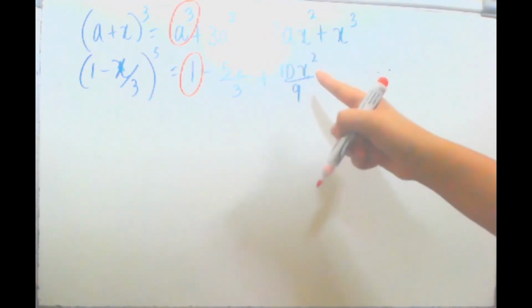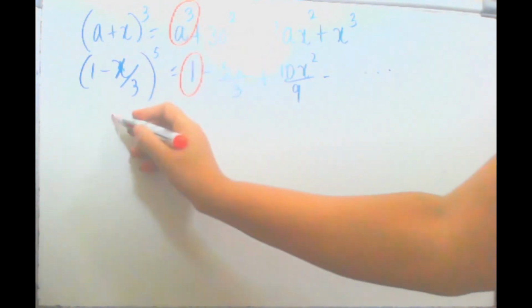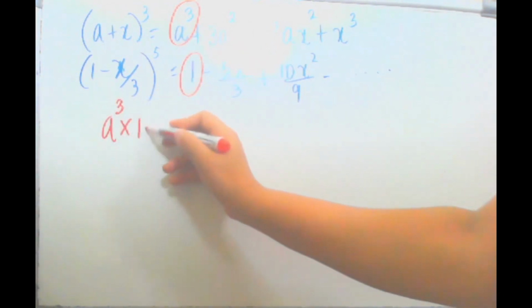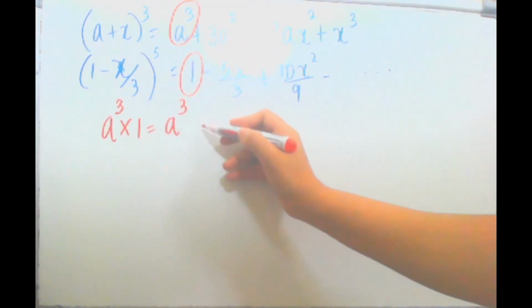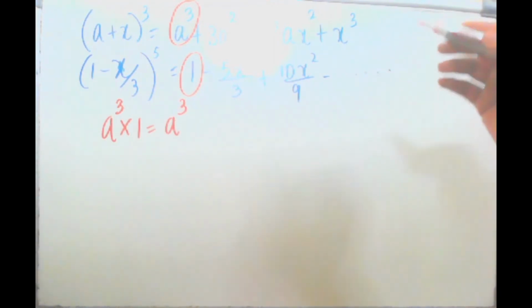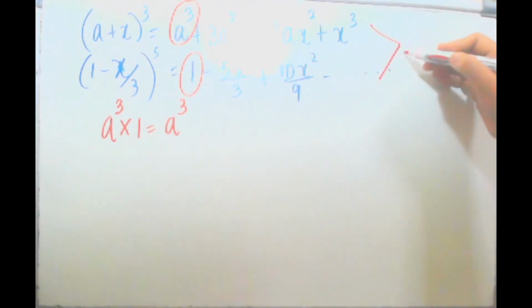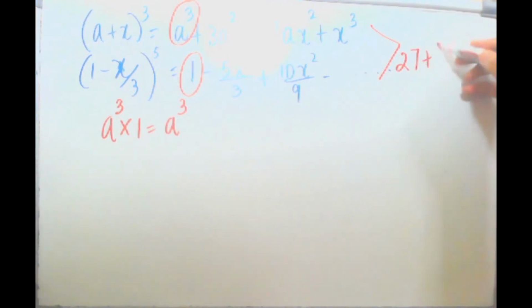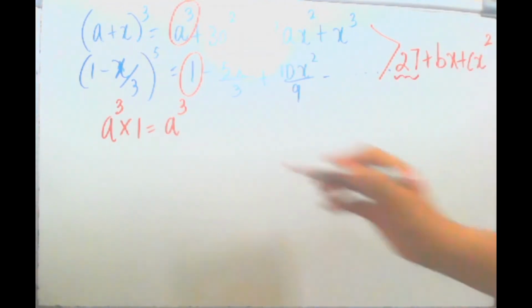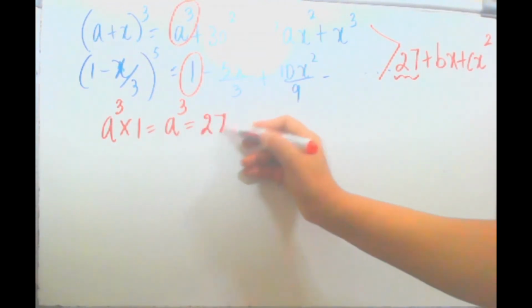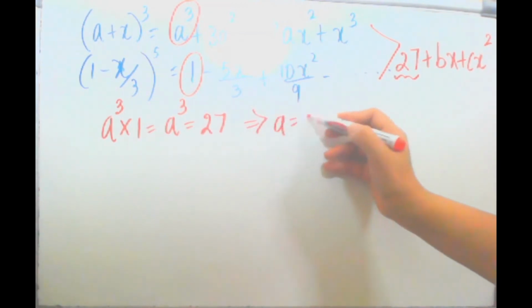So it is a cube multiplied by 1, which is equal to a cube, must be the constant. And it is given that when these two are multiplied, the first term is like this, which clearly shows 27 is the constant. So that means a cube must be 27, which tells us a is equal to 3.